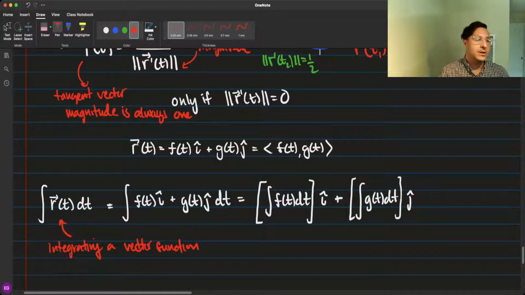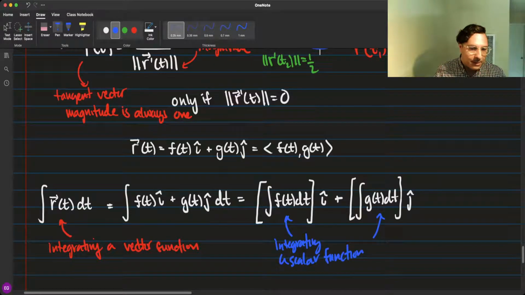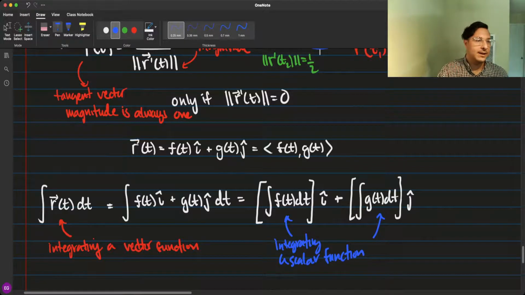So how do you integrate a vector valued function? Well, you're going to split it up into two regular integrals. Here we're integrating a scalar function. But then what are you multiplying that integral of a scalar function by?